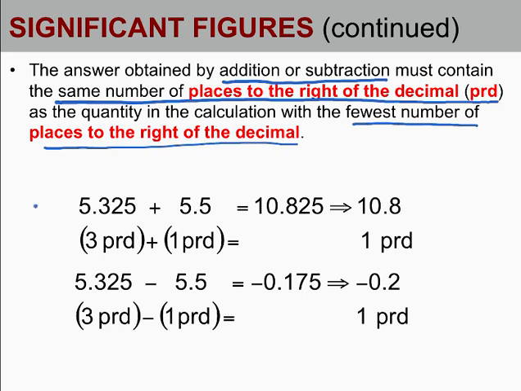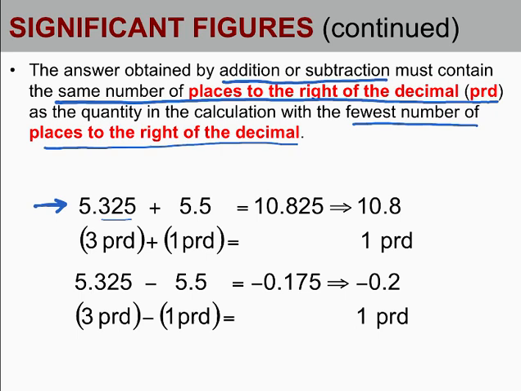So let's look at an example of an addition problem. Let's say we're adding 5.325 and 5.5. Again, when you're adding or subtracting, we really only care about the decimal places. So in this first value, we have 3 decimal places, or places to the right of the decimal.